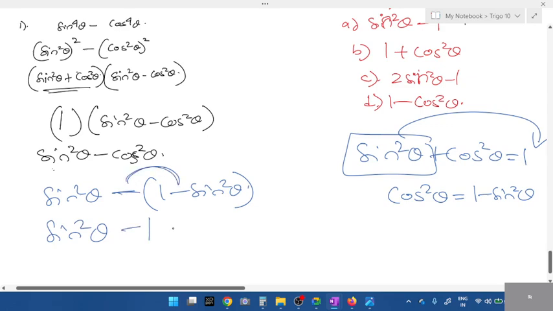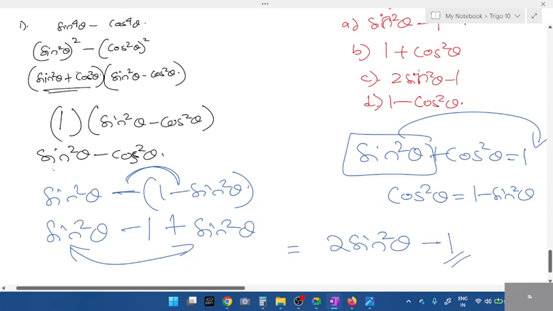Minus into minus is plus. What are the like terms here? What is sine square theta plus 2 sine square? Is there an option anywhere? Which option? C.